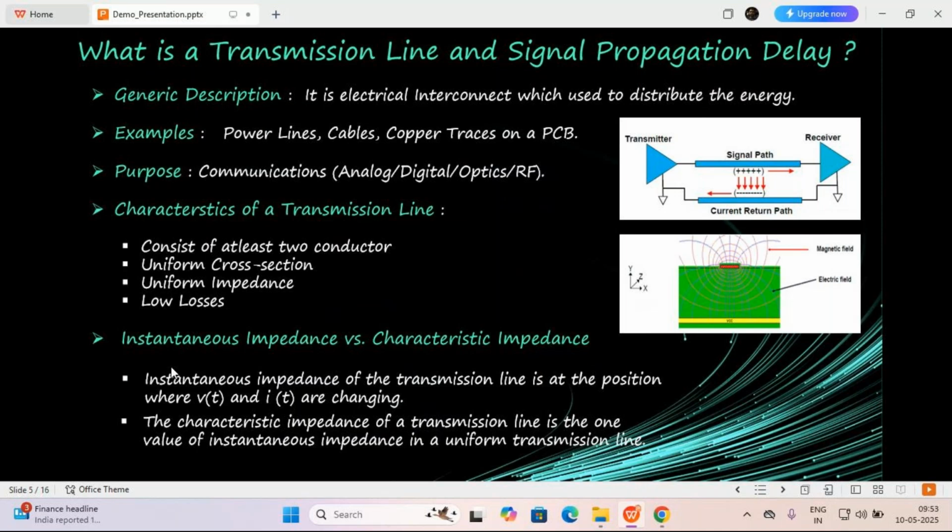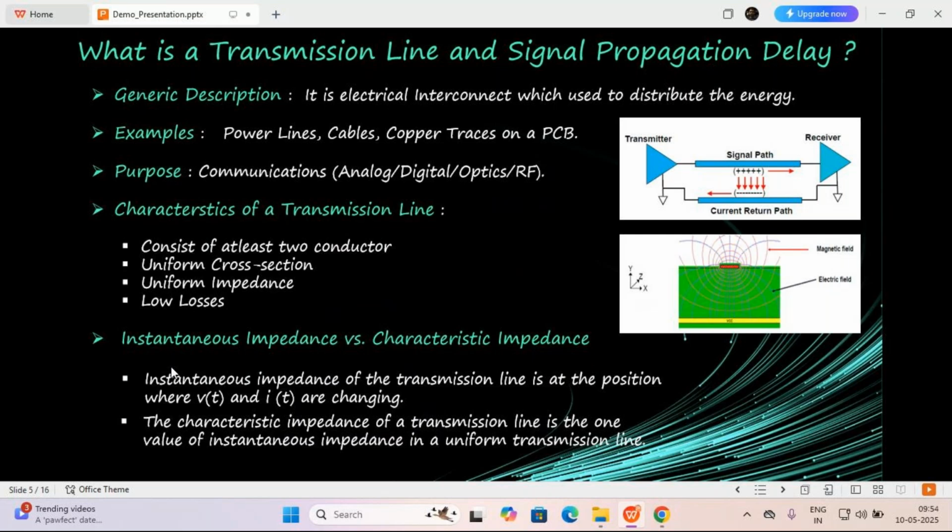So now you can see on the top right corner there is one photo attached. There we are seeing one is the transmitter and the second is the receiver. So transmitter is point A and receiver is point B. We have a signal path which takes the data from point A to point B, which takes the electrical energy from point A to point B. Now you can also see at the bottom we have a current return path.